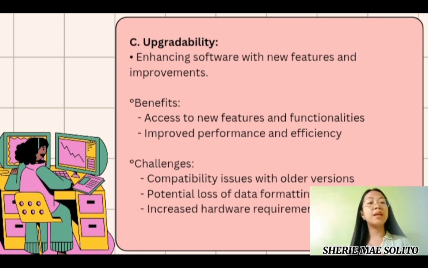Data formatting may be lost if a Word 97 document is saved to a Word 6 format because Word 97 contains new features that Word 6 does not have. Upgraded software frequently requires more memory, more disk space, and faster processors, so hardware needs to be upgraded.